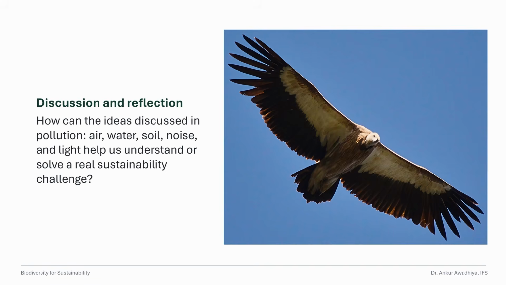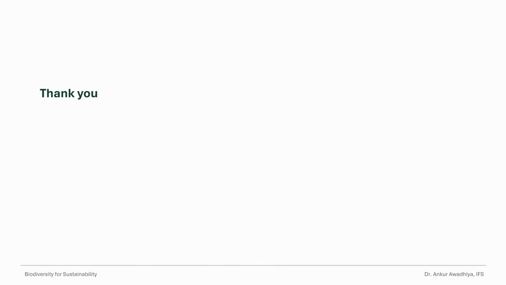Think about a specific context you know, a city, a river, a farming region, or a coastal area, and ask which forms of pollution are present, which organisms are most likely affected, whether effects are acute or chronic, and what combination of prevention, monitoring, and restoration would be most relevant. Connecting lecture concepts to a concrete context is one of the most effective ways to deepen understanding and prepare for applied questions.